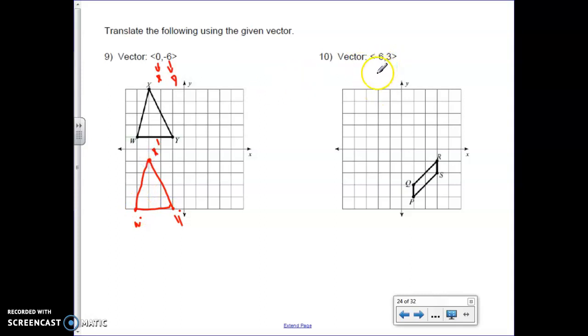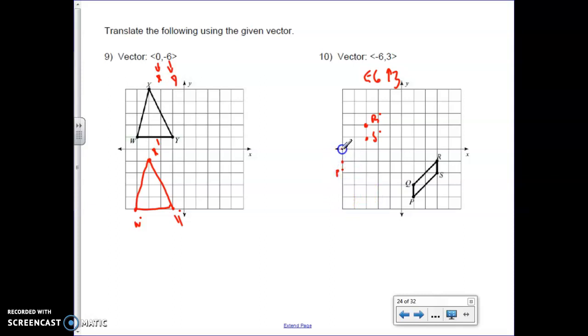And then in this one, it means I'm moving to the left 6, up 3. 1, 2, 3, 4, 5, 6, up 1, 2, 3 to get R prime. 1, 2, 3, 4, 5, 6, 1, 2, 3 to get S prime. 1, 2, 3, 4, 5, 6, 1, 2, 3.